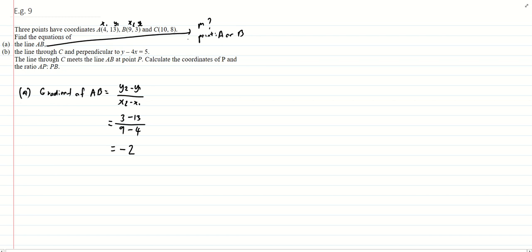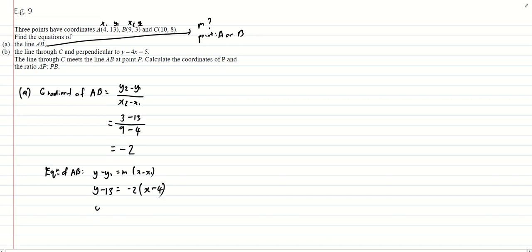We have any point, so let's choose A. The equation of AB is given by the formula y minus y1 equals m bracket x minus x1. So we have y minus 13 equals negative 2 bracket x minus x1. x1 is 4, so minus 4.